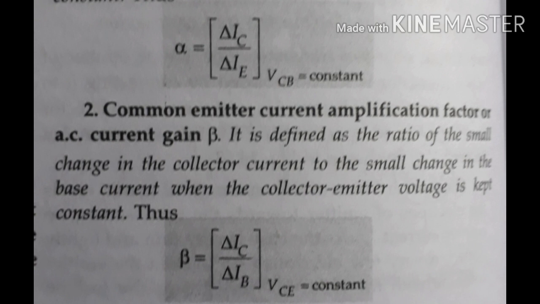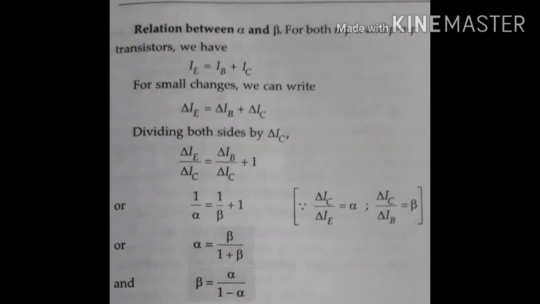Similarly, beta is defined as the ratio of the small change in the collector current to the small change in the base current. That is, beta is equals to delta IC divided by delta IB at constant VCE. There is a relation between alpha and beta. We can derive it from the equation IE is equals to IB plus IC.